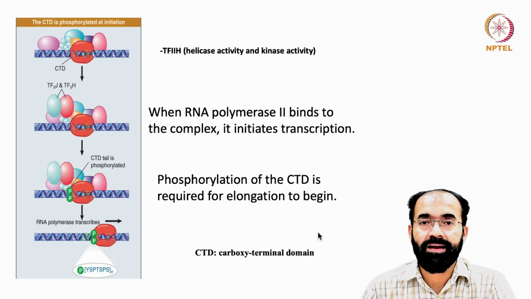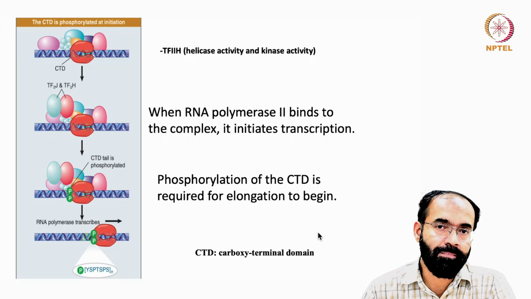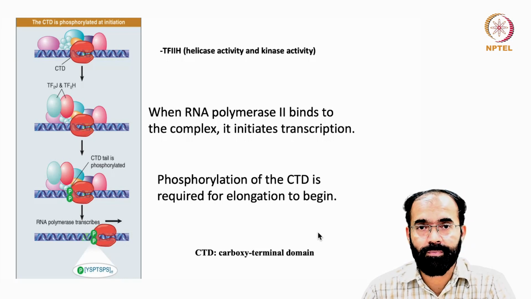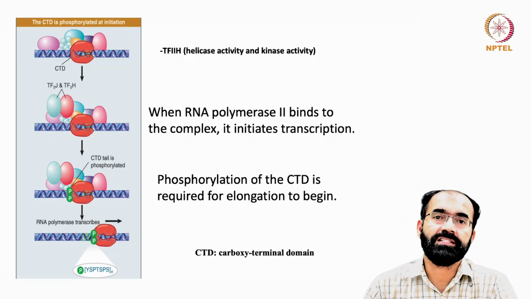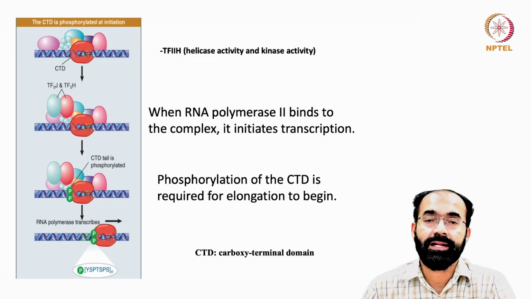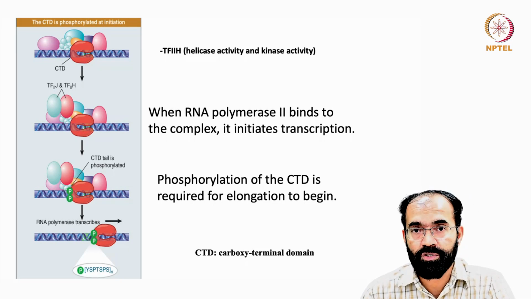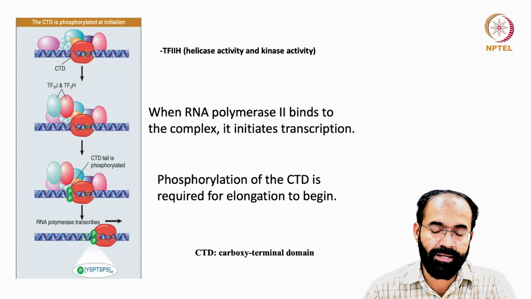Every protein has two ends. One is an N-terminus and another is a C-terminus, because every amino acid has an amino group and every amino acid has a carboxyl group, just like the 5' and 3' ends.